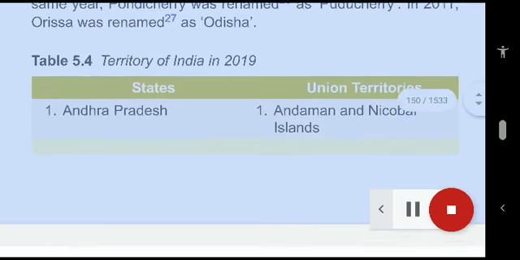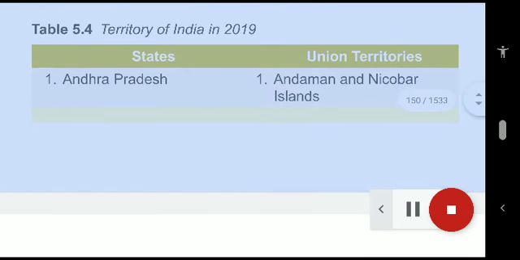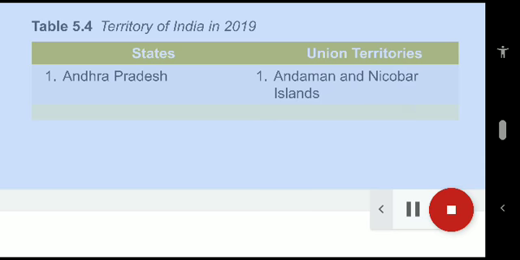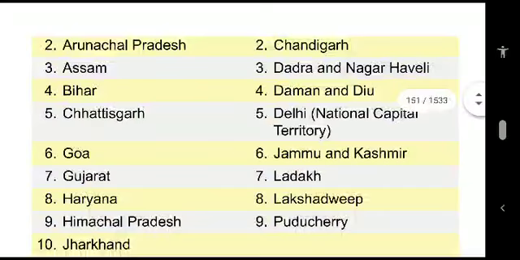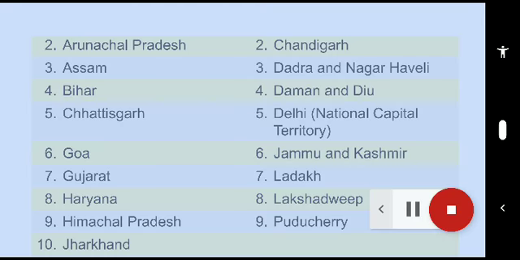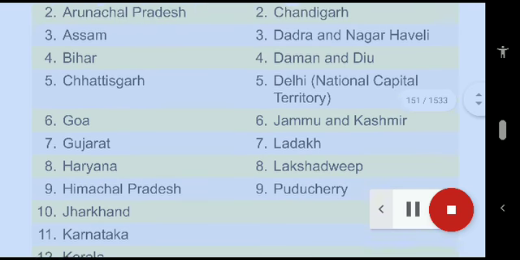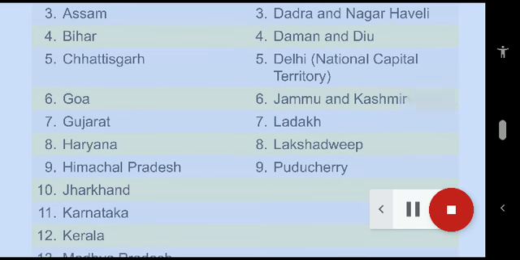Table 5.4 Territory of India in 2019. States, Union Territories. 1. Andhra Pradesh, 1. Andaman and Nicobar Islands. 2. Arunachal Pradesh, 2. Chandigarh. 3. Assam, 3. Dadra and Nagar Haveli. 4. Bihar, 4. Daman and Diu. 5. Chhattisgarh, 5. Delhi National Capital Territory. 6. Goa, 6. Jammu and Kashmir. 7. Gujarat, 7. Ladakh. 8. Haryana, 8. Lakshadweep. 9.